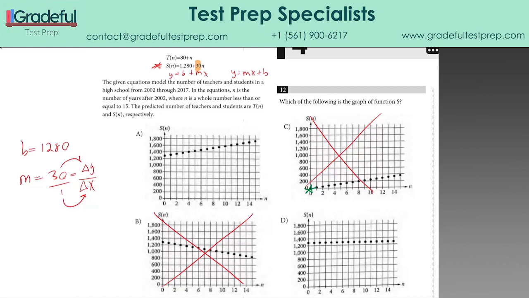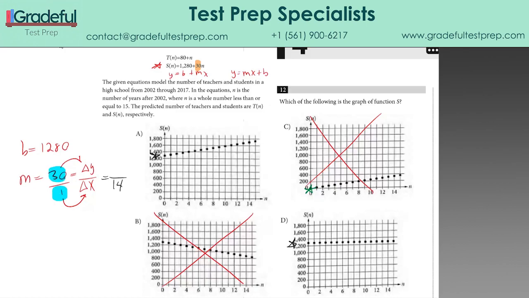And now, in order to pick between A and D, we can put the concept of slope to the test, because we're starting at 1,280 on both of these graphs, but if the slope is 30, then it means that over the course of 14 on the x-axis, the y should be increasing by 30 by 14, because basically what we're saying is that the ratio of the increase in the y to the increase in the x is a ratio of 30 to 1.